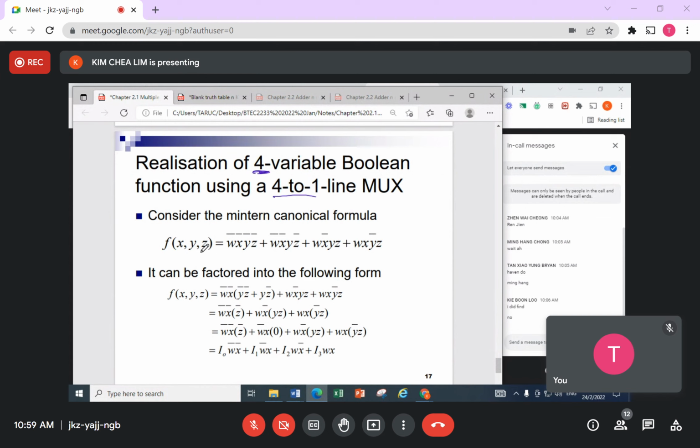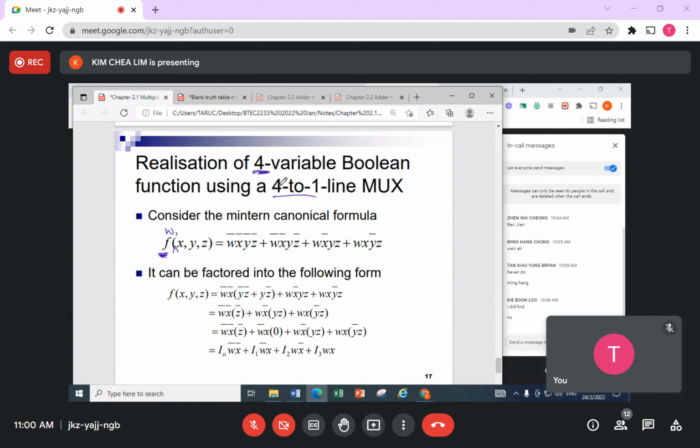Let's say this is the question. This is the function that I want to implement. 4 inputs, W, X, yeah, my mistake, W, X, Y, Z. So these are the functions that I want to implement.